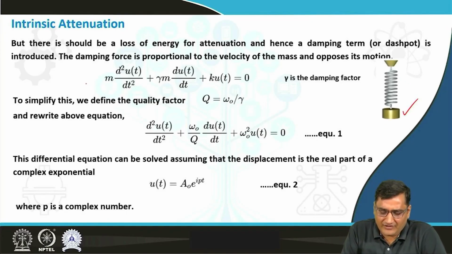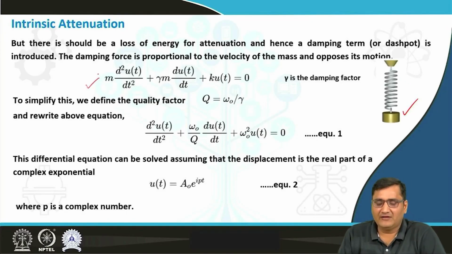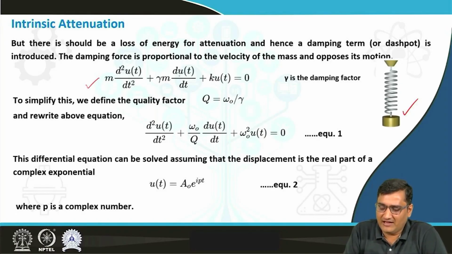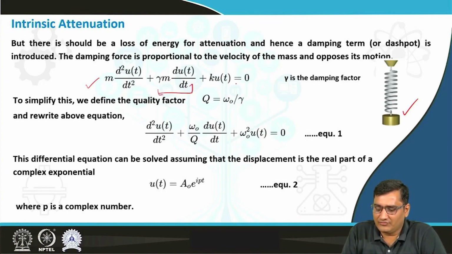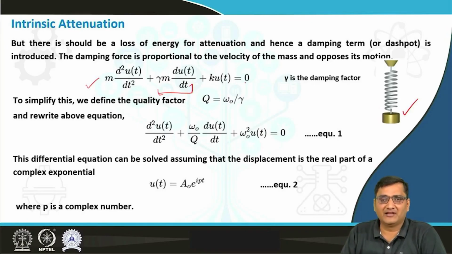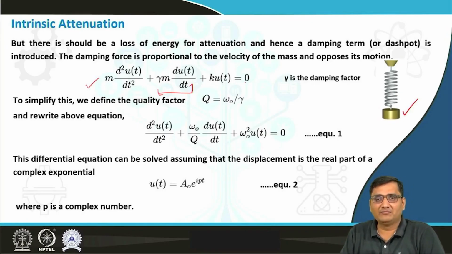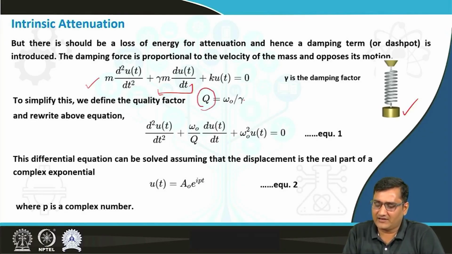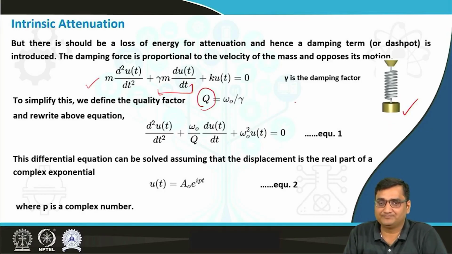In that case, the expression may be something like this: m d square u by dt square, plus gamma m du by dt. So this is the damping term here, plus k u is equal to 0, where gamma is the damping factor. If we want to simplify this, then we can define Q, that is the quality factor, as equal to natural frequency by the damping factor.